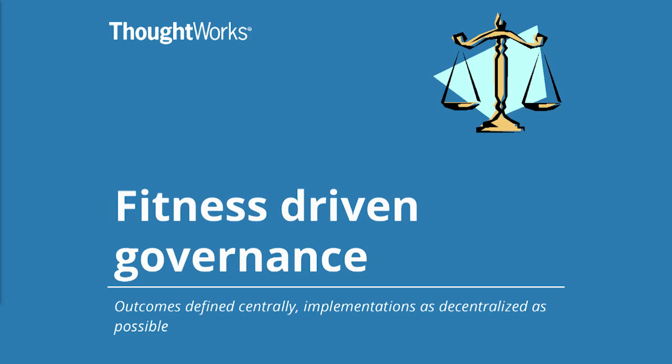Now, what about governance? In a traditional organization 20 years ago, you would have a central architecture group, and they would make all of the decisions about how systems were to be developed and what tools were going to be used and what the technology roadmap looked like.